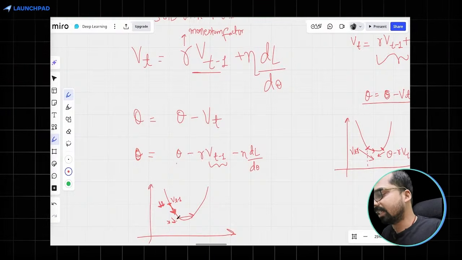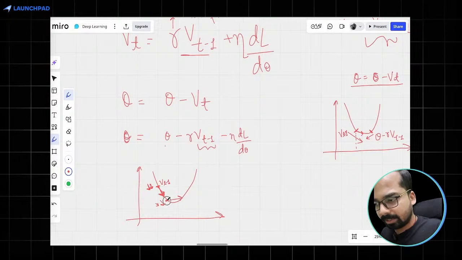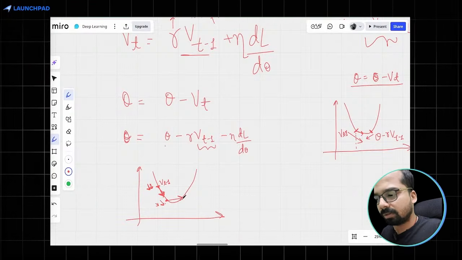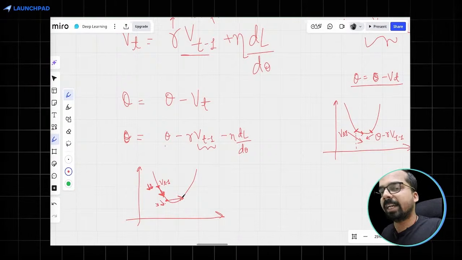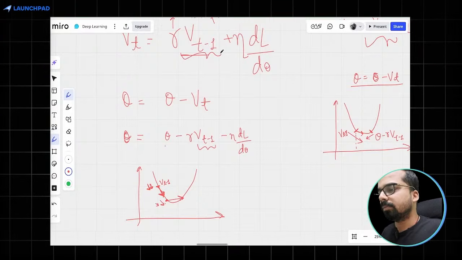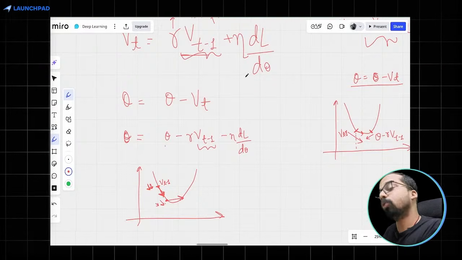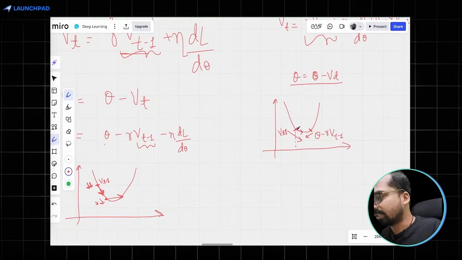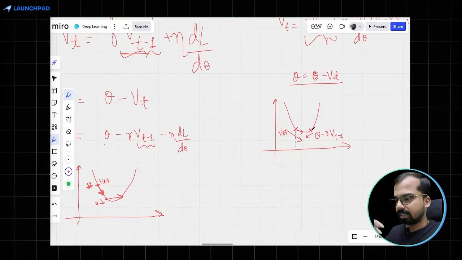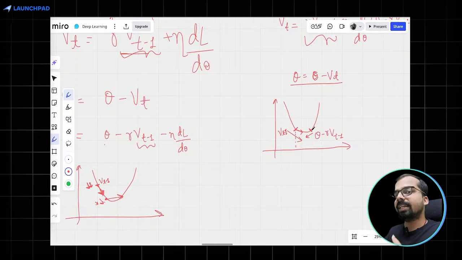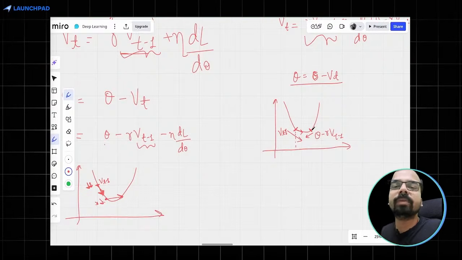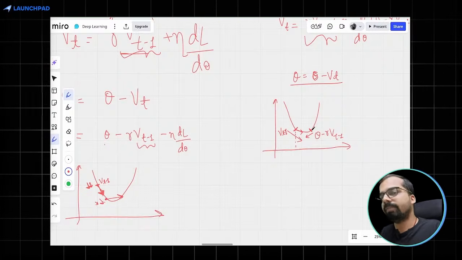But in NAG, instead of calculating the slope here, I first use the past velocity to make the movement forward, get the slope at that point, and then combine the past velocity plus the slope at that point. If there is an opposing force in the future, I take that opposing force into account to dampen the impact of the movement. This is the beauty of NAG.